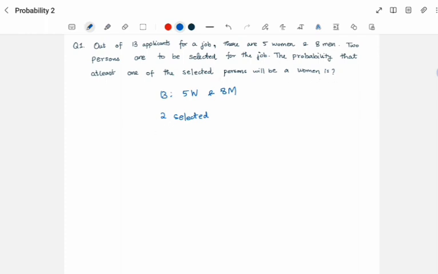So we want to find at least one, meaning 1 or 2, right? So what are the events we have? Let's say A: both the selected people are men, B: one is a man and one is a woman, and C: both are women.